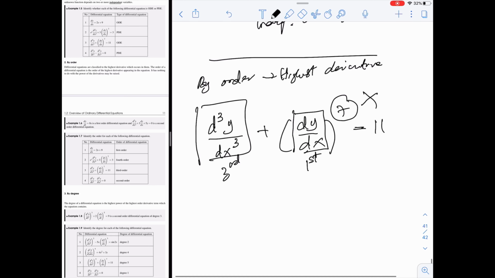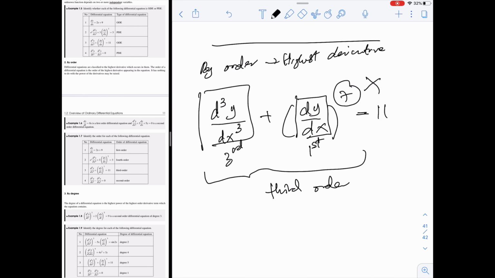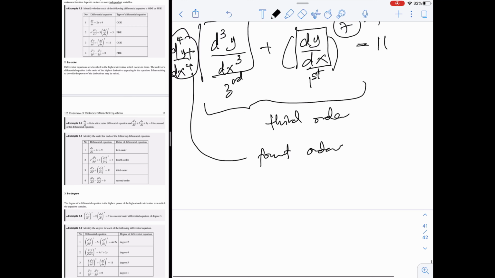So for this expression, you have the third order. Let's say you have another term, d4y over dx4. Then this is the fourth order. As long as it is the highest one, it contributes to the order of that differential equation.